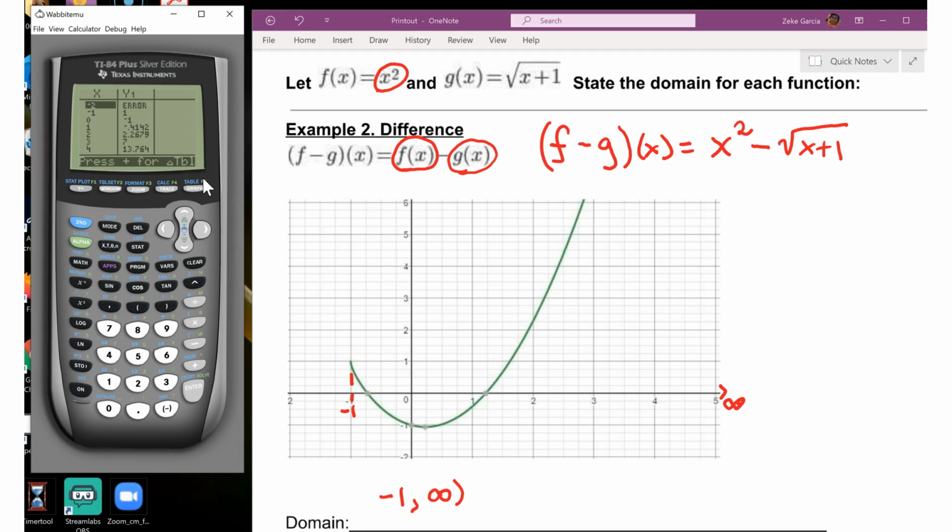And you notice at -2 we get an error, and at -1 it is 1, so we do include -1. So the bracket means to include -1 in the domain, and it goes to infinity. So the allowable x values are from -1 all the way to infinity.